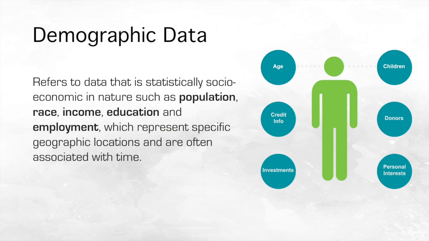So the first of four main types of data that advertisers are looking for is demographic data. This is your basic information about a user, setting up who they are, what age range they fall into, do they have any kids, are they educated, are they employed, things of that nature.